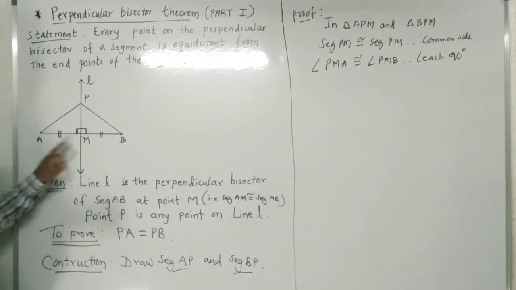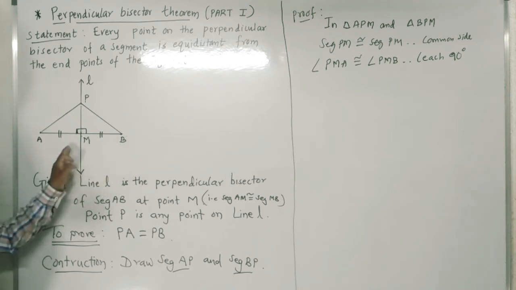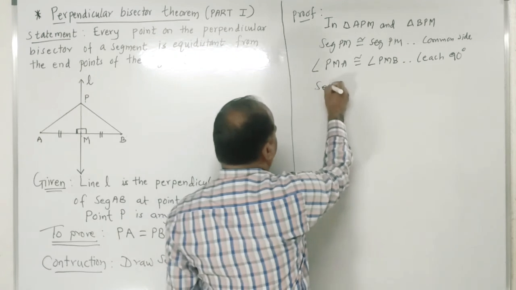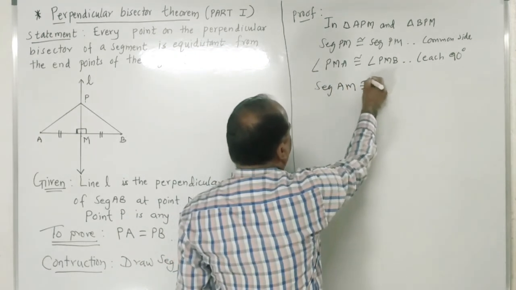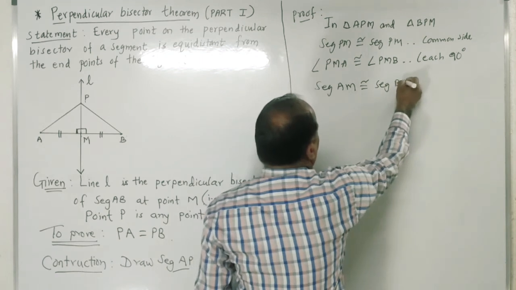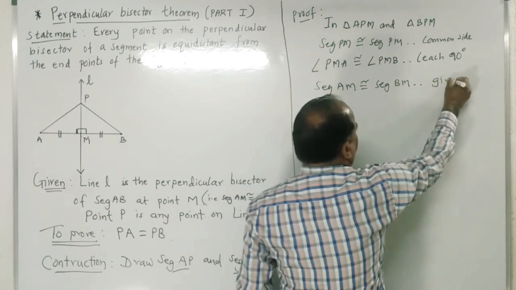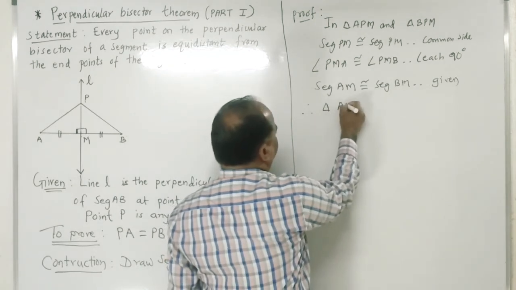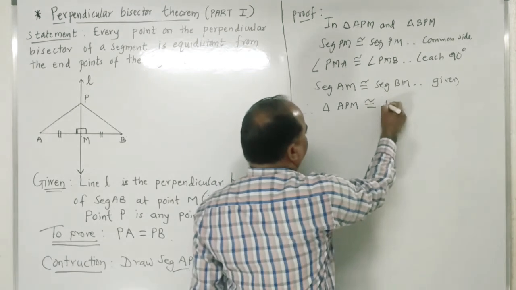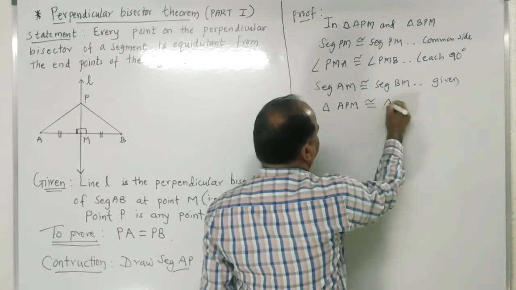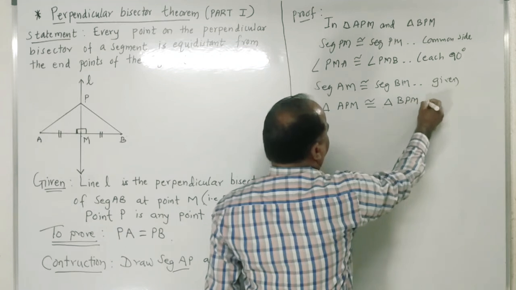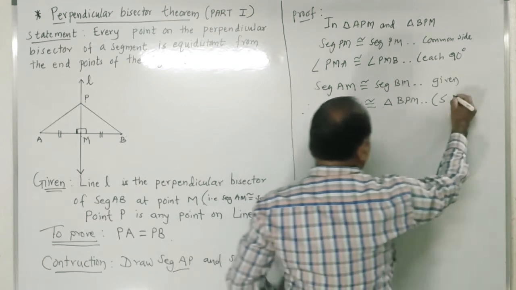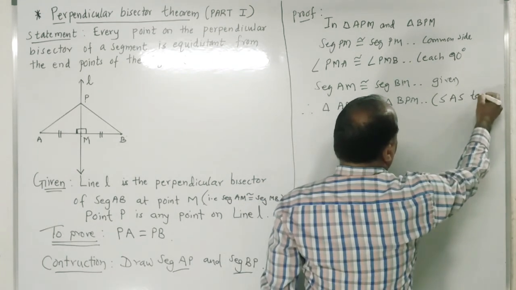Now segment AM is congruent to segment BM. It is given, since M is the midpoint, so segment AM is congruent to segment BM. Therefore triangle APM is congruent to triangle BPM by the side-angle-side test of congruence.